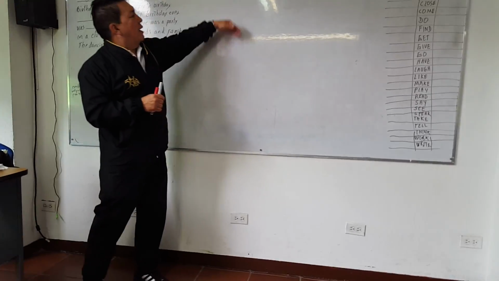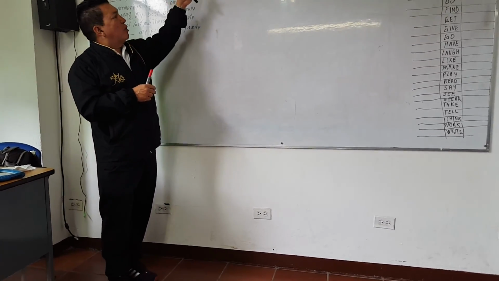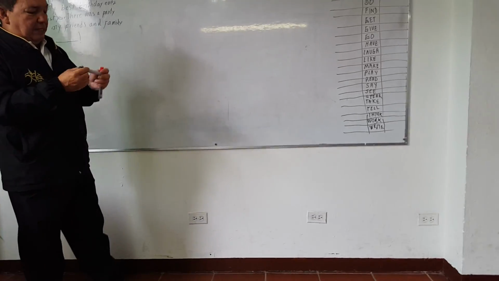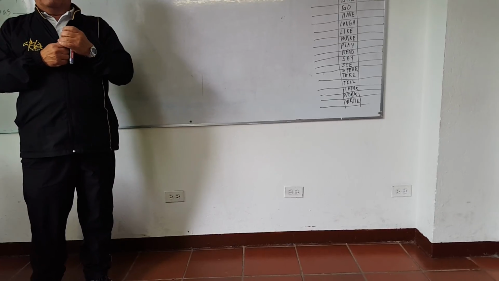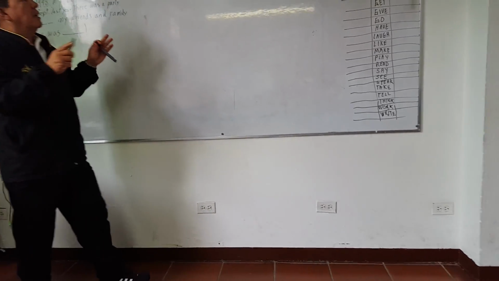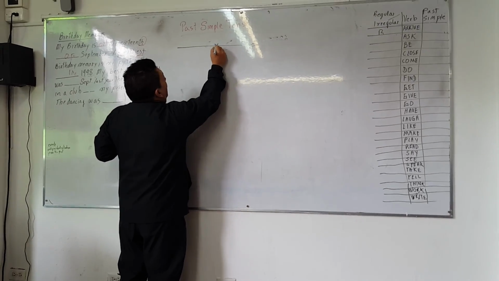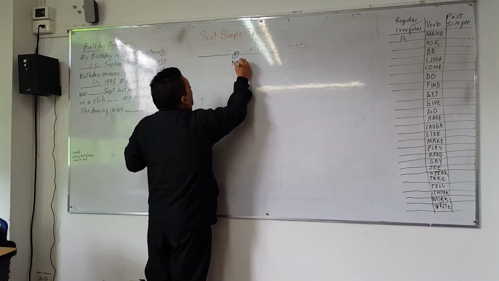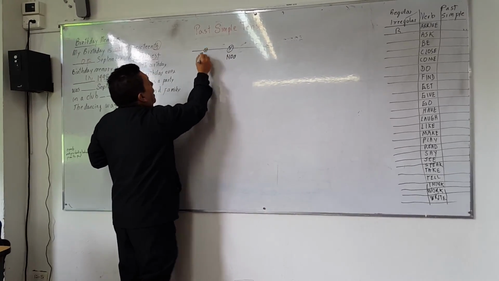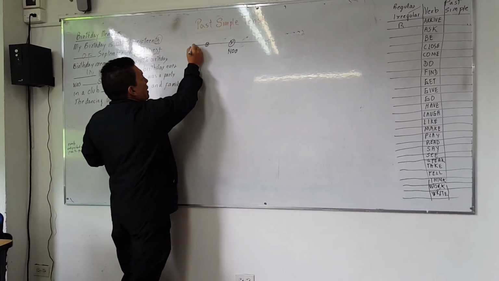Now that we come to the lesson today, we are going to talk about the simple past tense. This tense is just to talk about an action or an activity that happened in the past.